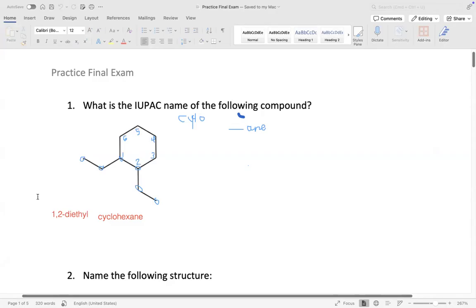Yep, and cyclo just designates that it's in ring form. Any number of carbons, and it could be a triangle. Okay.